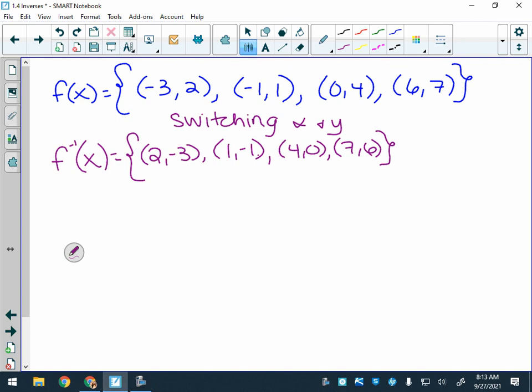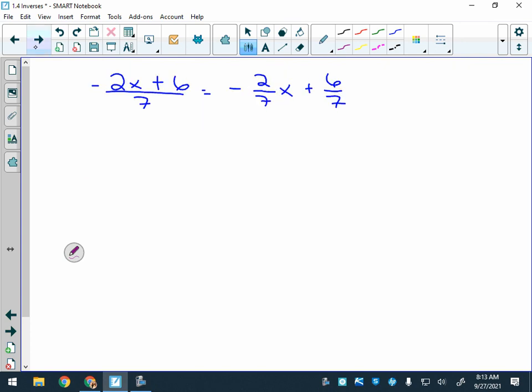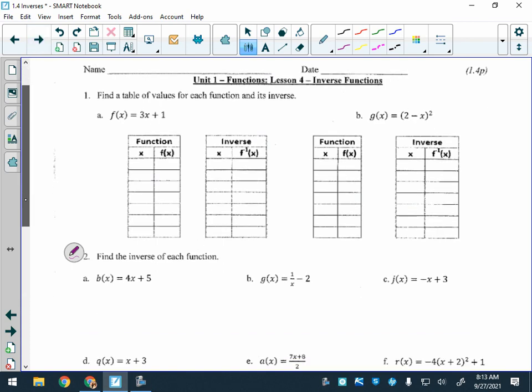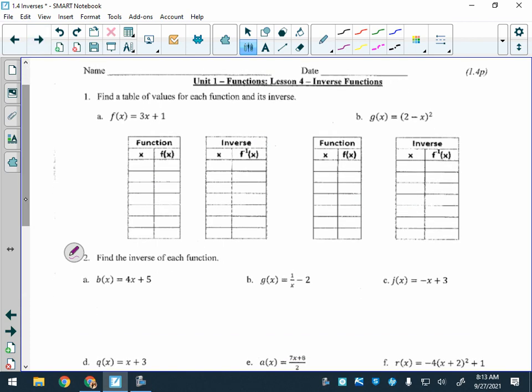All right, we're going to do some practice, 1.4 practice. With these charts, I want you to cross out the last 2 boxes of each. 4 boxes, I should say. Last 2 rows.